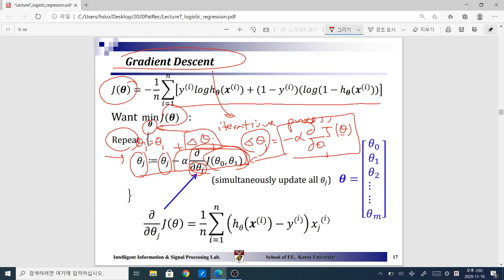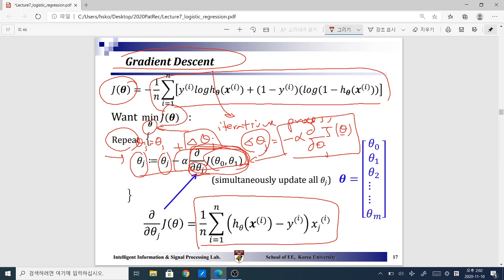Now, what is the result going to be? The result, as you can see, is that by taking the entire cost function and performing the partial derivative with respect to theta sub j, we arrive at this quantity.